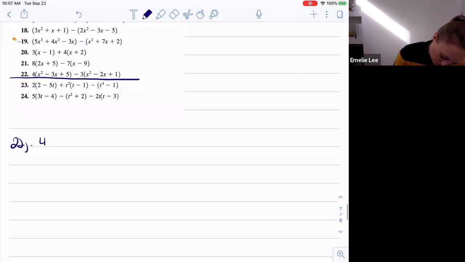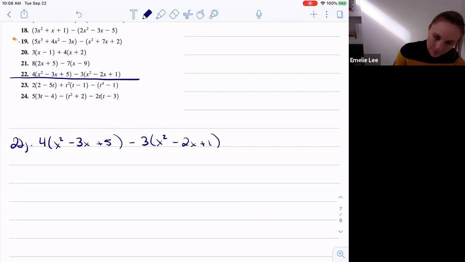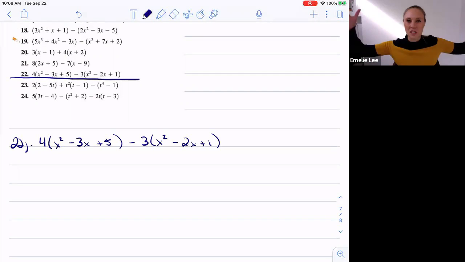So if we've got 4 times x squared minus 3x plus 5 minus 3 times x squared minus 2x plus 1. So if I just want to simplify this, my favorite is expanding and simplifying.